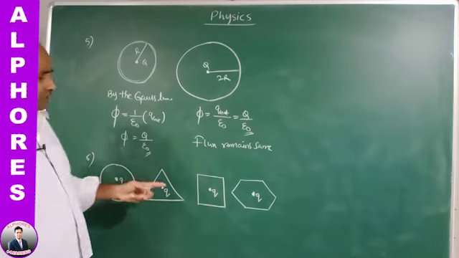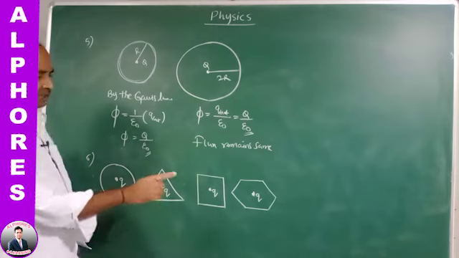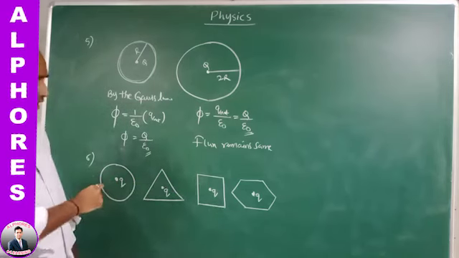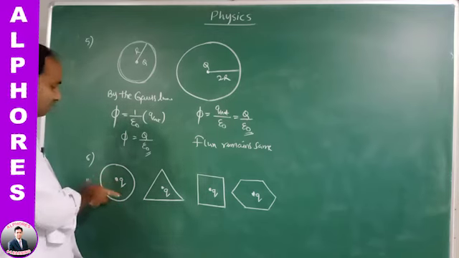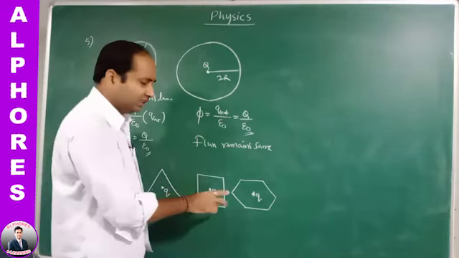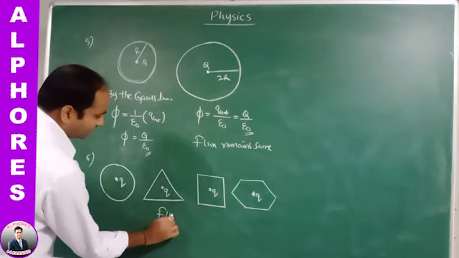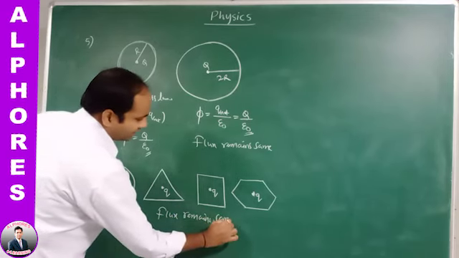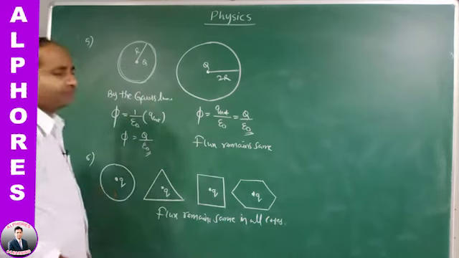In which case is the flux passing through the surface maximum? If you observe the first, second, third, fourth, what is the enclosed charge? The enclosed charge remains the same in all four cases, isn't it? Whether the Gaussian surface is a sphere, a prism, a cuboid or a regular hexagon, the enclosed charge is the same. Therefore the flux remains the same in all cases. Okay. Next.